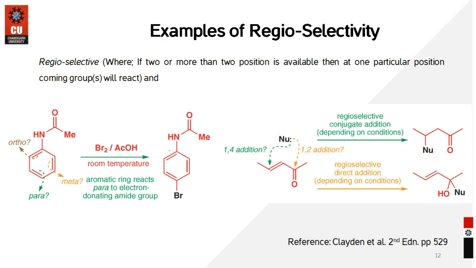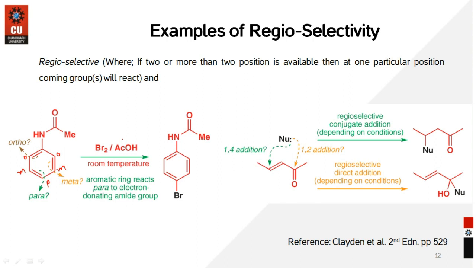Here this position is my ortho, this is meta and this position is para. I am doing bromine in acetic acid at room temperature.